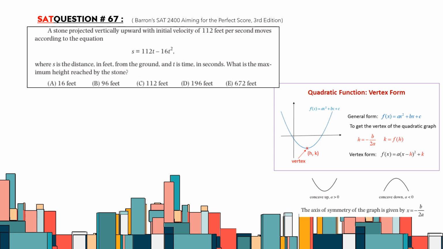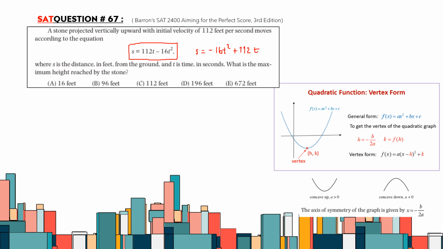Before we start, we look at the given equation, which is s equals 112t minus 16t squared. If we redraw it, it should look like s equals minus 16t squared plus 112t, okay?